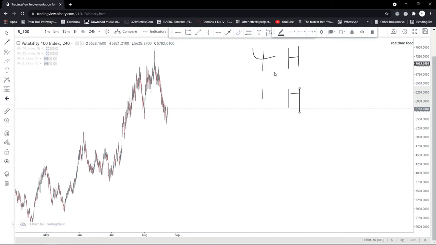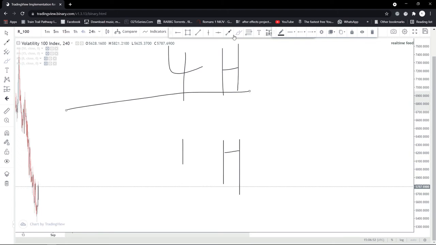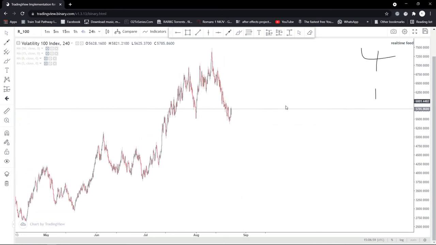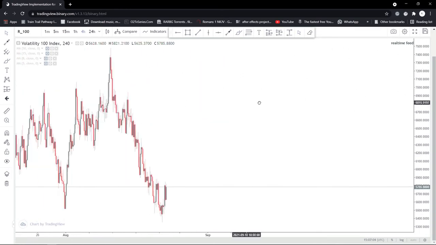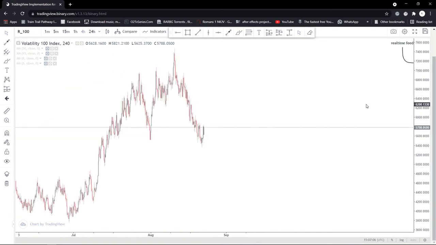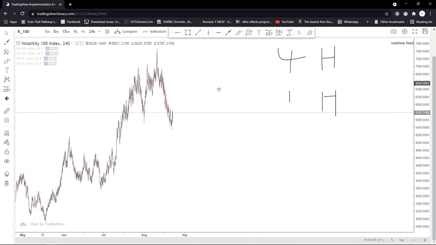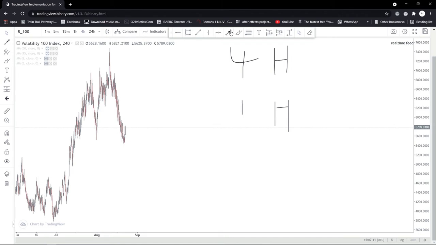Okay, so guys, for this 4-hour to complete a level, let me draw before I show you on the charts. For this 4-hour to complete a level is something like this, before a retest.